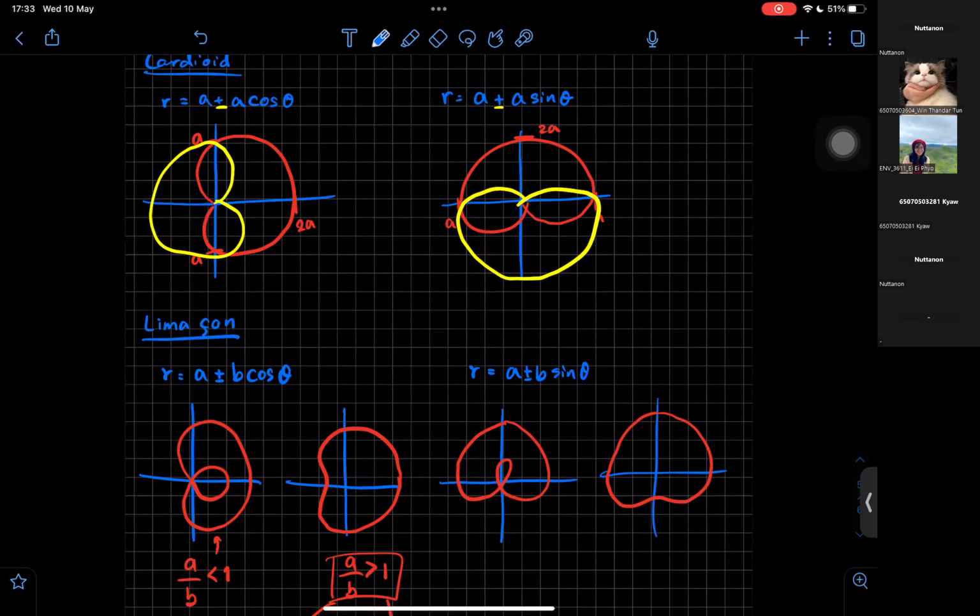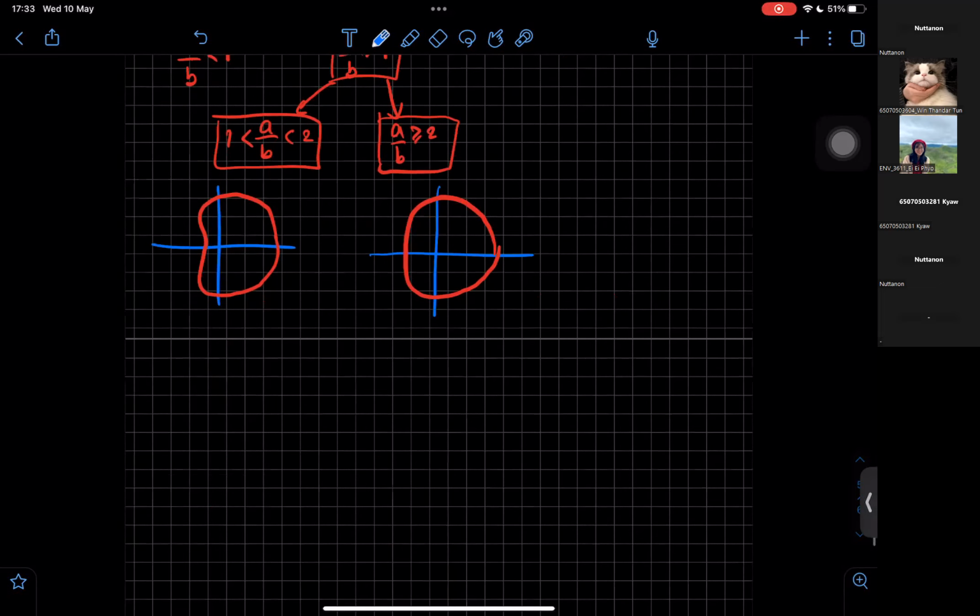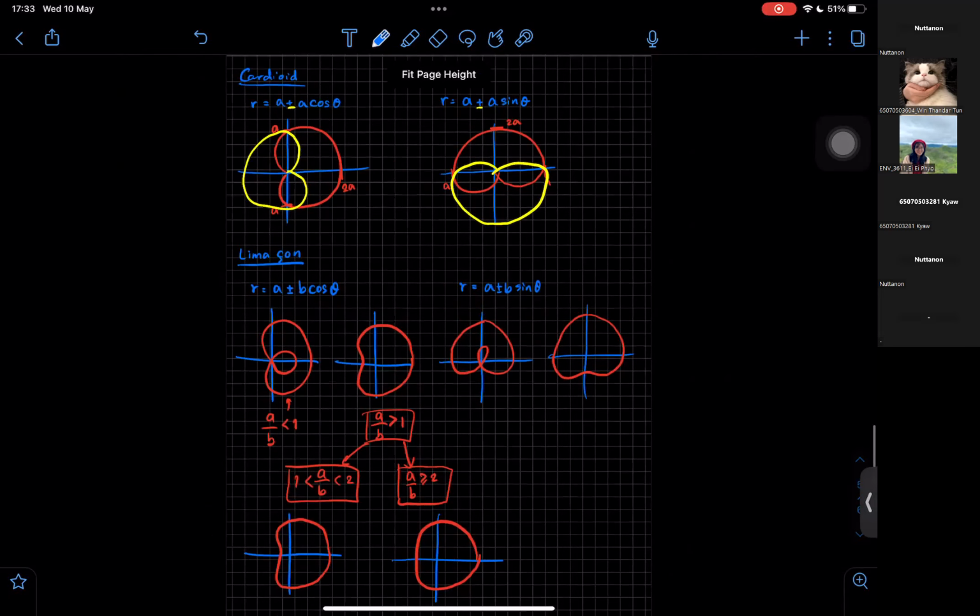But if you want to study more about this type of graph, then I think it's good for you. And actually, the cardioid is a type of limaçon when A and B are equal to each other, or I can say A over B is equal to 1.